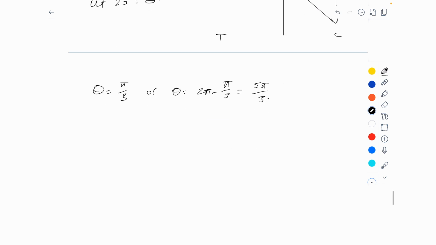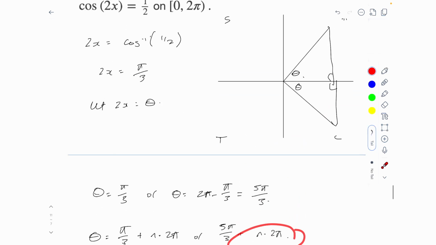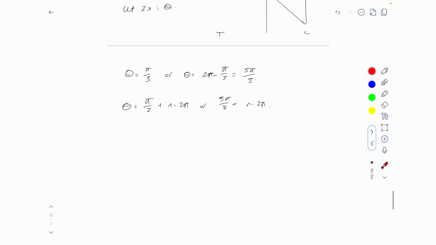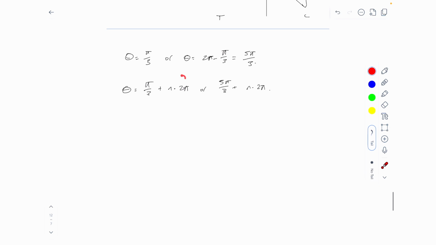What we've got then is theta is equal to pi over 3 plus n times 2 pi, or 5 pi over 3 plus n times 2 pi, because we're accounting for the fact that we're within the period of cos. Obviously it's a periodic function here. So now, if n equals 0, we get these solutions, right?